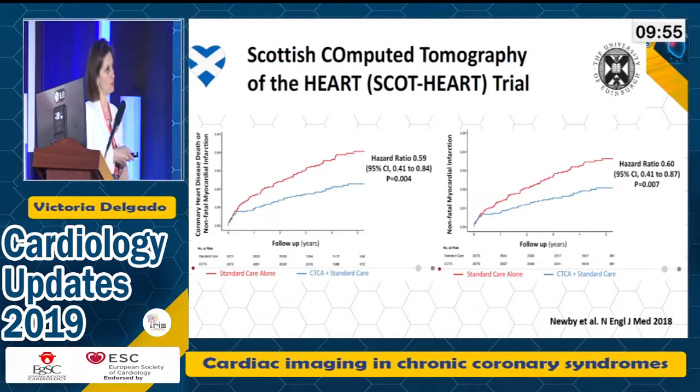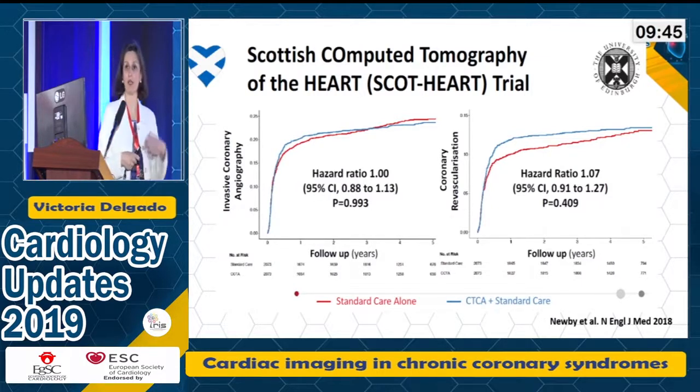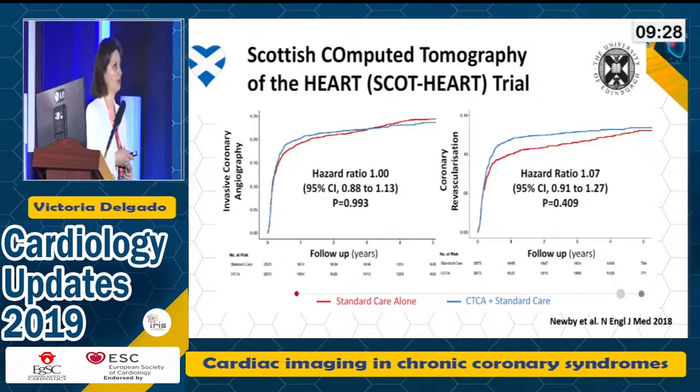And this was different for both endpoints, but also for non-fatal myocardial infarction. One of the reasons that this trial was criticized is that if you refer the patient for CT coronary angiography, they usually are more frequently also referred for invasive coronary angiography, because you more frequently have coronary artery stenosis or calcification where you cannot assess the severity of the coronary atherosclerosis.